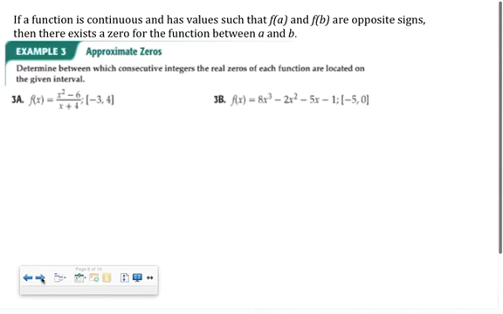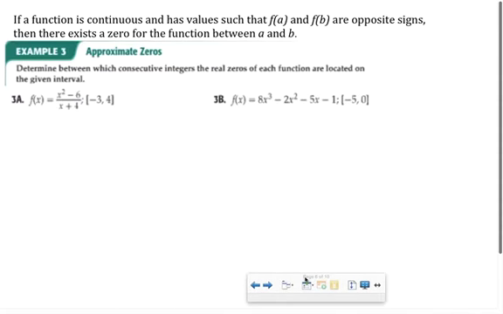So what this tells us is that if f of a is one sign, and f of b is a different sign, then there's a 0 for the function, or an x-intercept for that function, between a and b. So in this example, we are finding the interval, the two consecutive integers where we can find a 0 between them. So this is another instance where a table might be helpful.